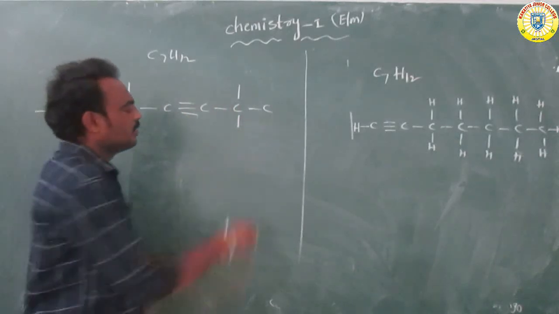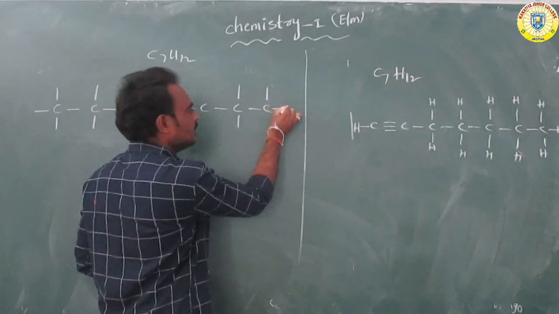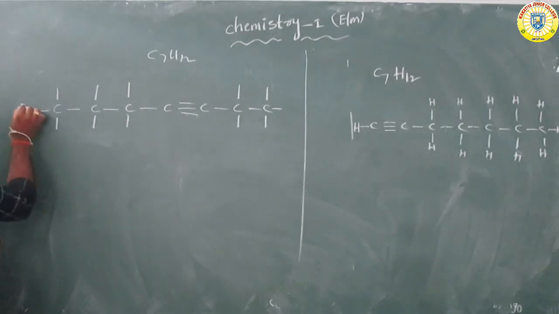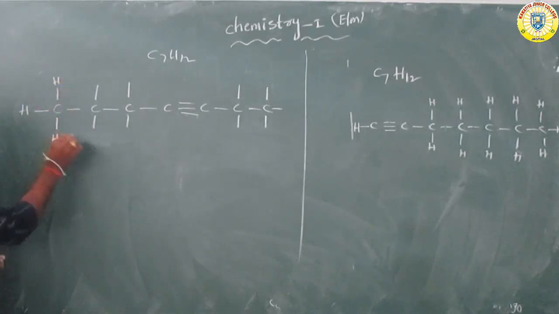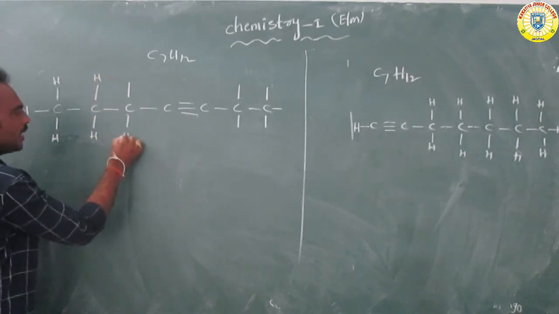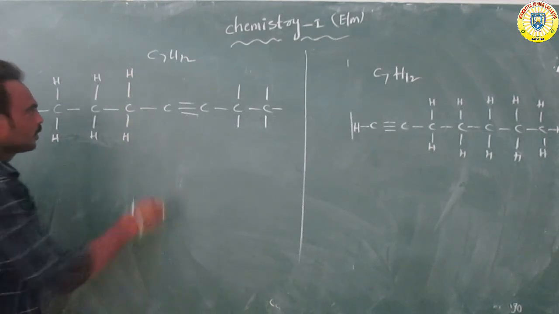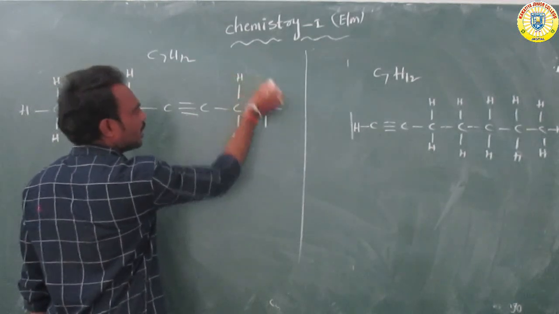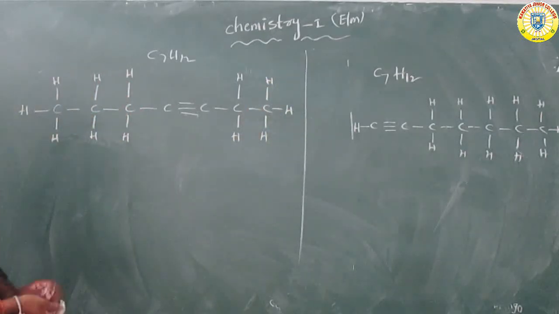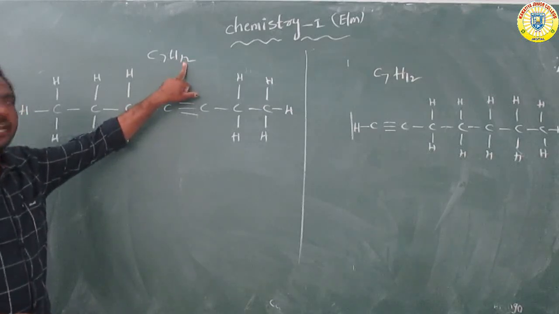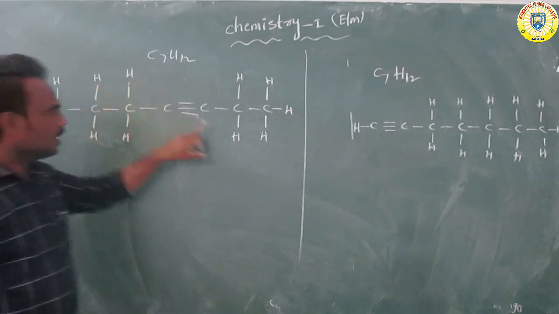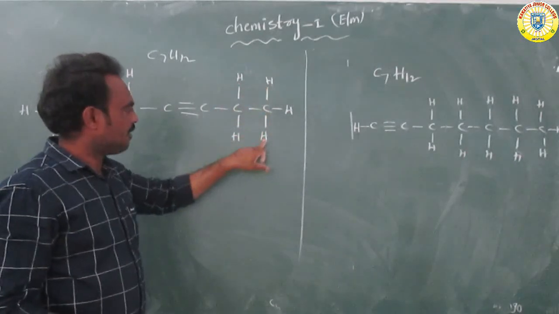The last carbon contains only a single bond, remaining 3 bonds. So we arrange the hydrogens: bond H, bond H, bond H, and so on. So in total how many hydrogens? 12 hydrogens. 1, 2, 3, 4, 5, 6, 7, 8, 9, 10, 11, 12.